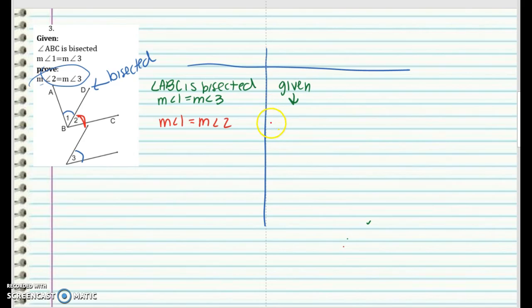And your reasoning there would be, if a segment is bisected, then it is divided into 2 equal parts.